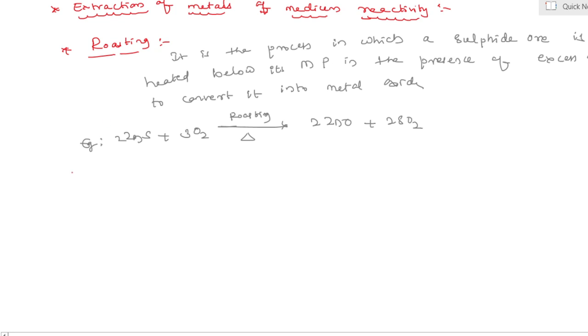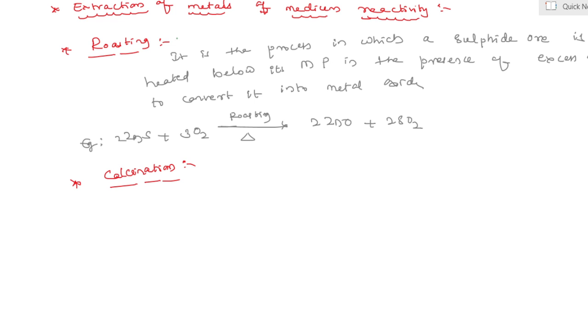Second one is calcination. Calcination means it is a process in which a carbonate ore is heated below its melting point in the absence of air to convert it into metal oxide.